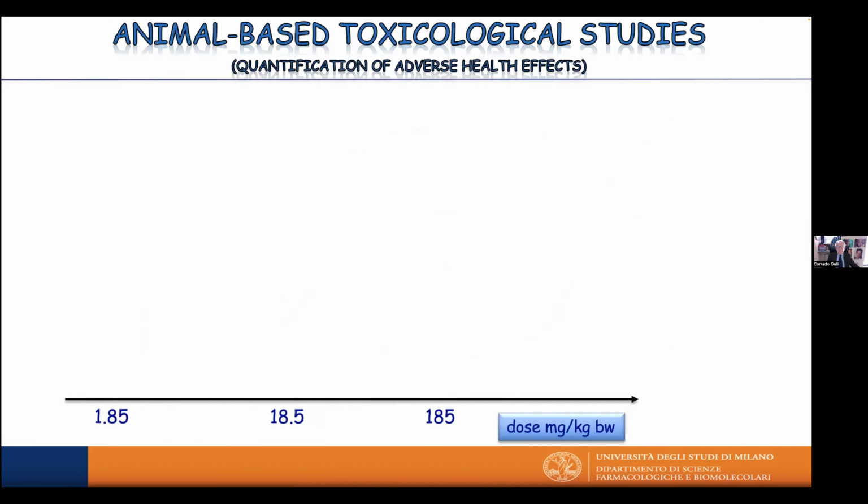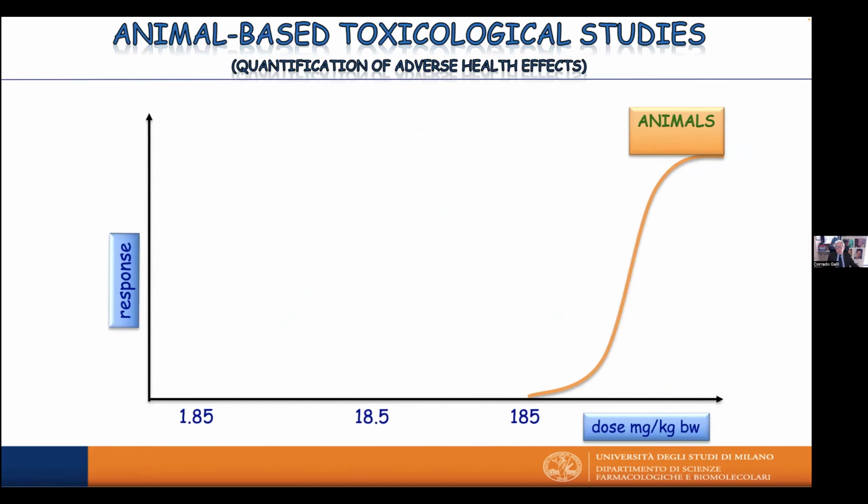Then if you have your point of departure, we say that generally it is taken on the basis of one experiment in the animals with different doses, and maybe the time as 90 days, or maybe for the carcinogenicity, even 2 years of treatment of the animals with many doses, or 2 or 3 doses, and of course a control group.